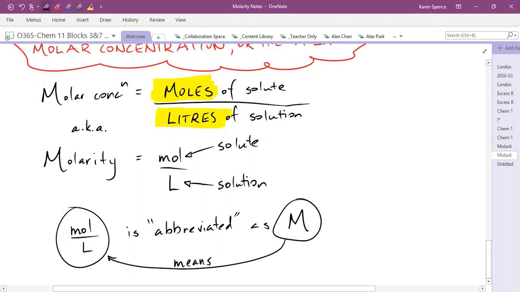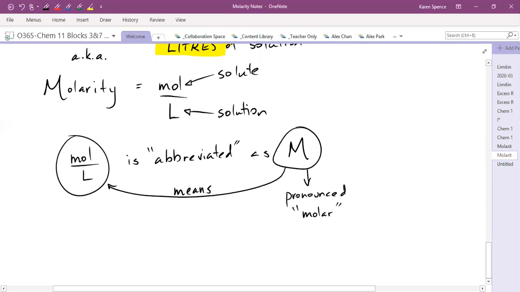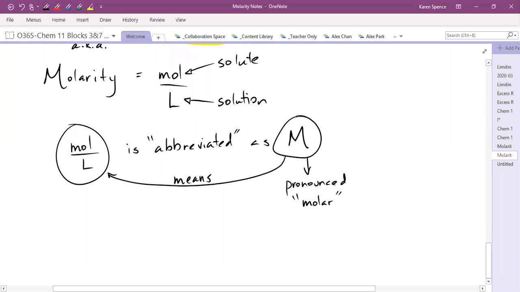Hiding inside that capital M is moles per liter. And we pronounce this unit molar.